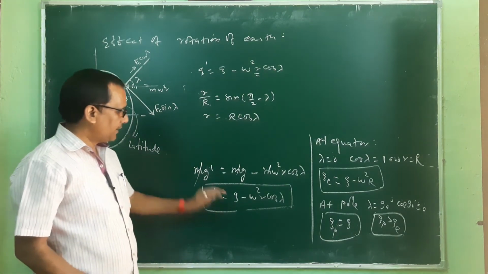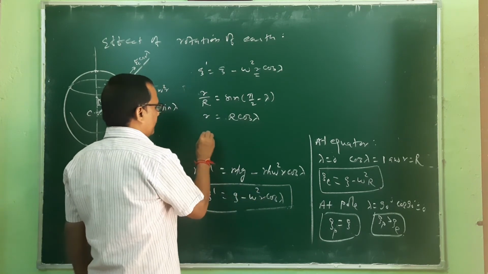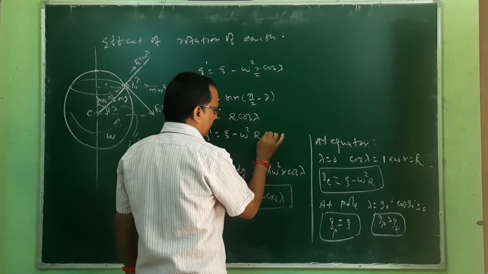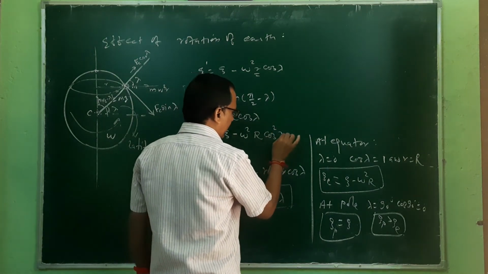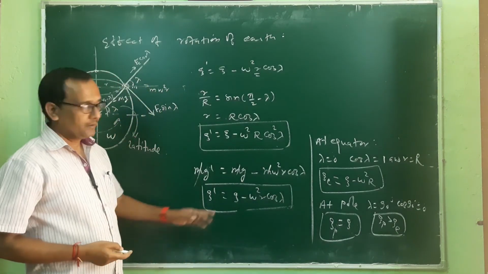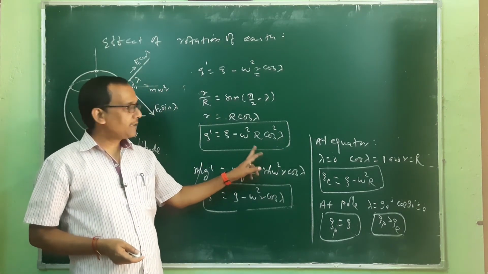So g prime can be written as g minus omega square R cos square lambda. There is no need for small r; just by putting lambda and the radius of the Earth, these are fixed.